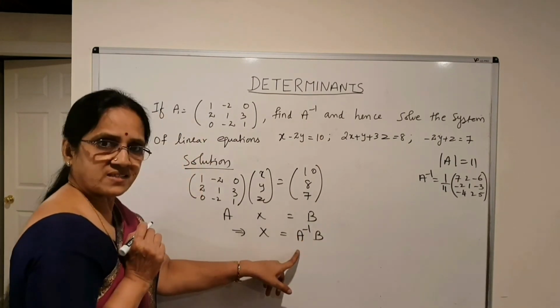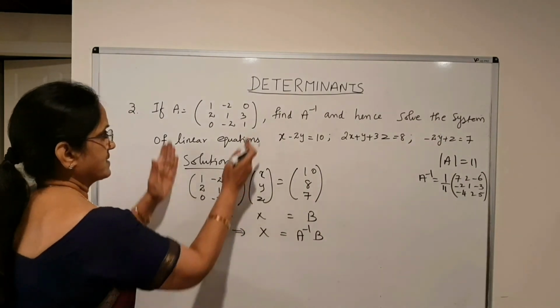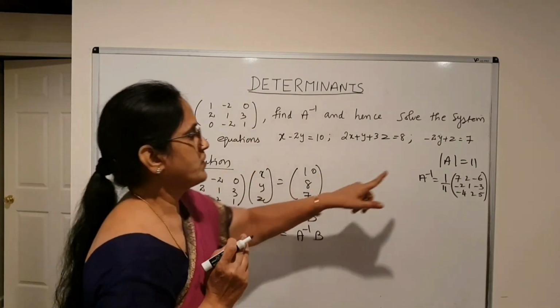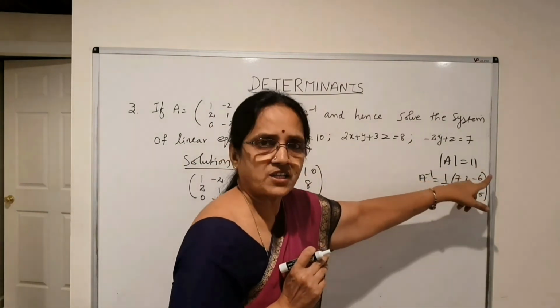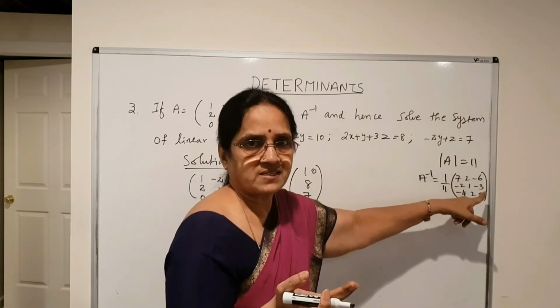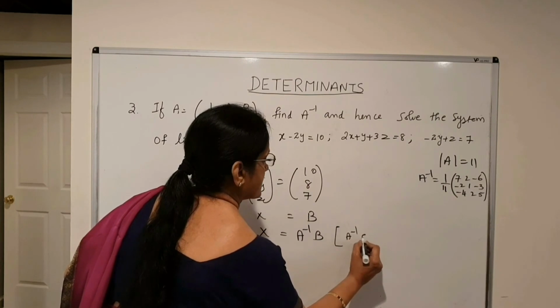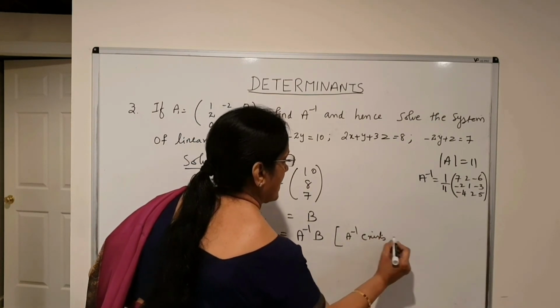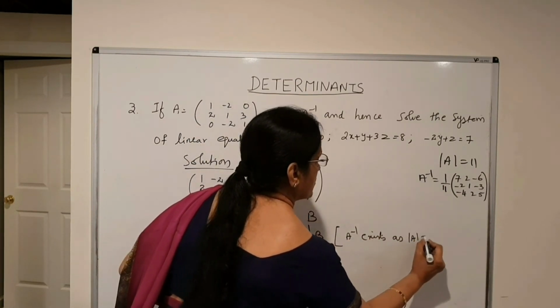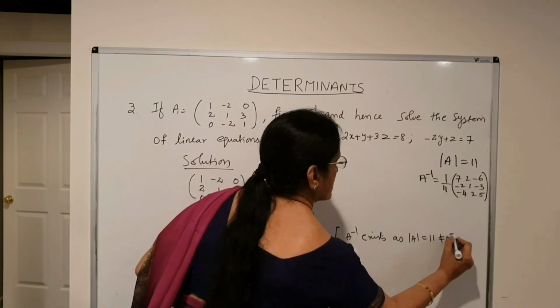Here A inverse exists because for this matrix, we have already found the determinant of A as 11, which is not equal to 0. Therefore, A inverse exists. You can write here, A inverse exists as determinant A is equal to 11, which is not equal to 0.